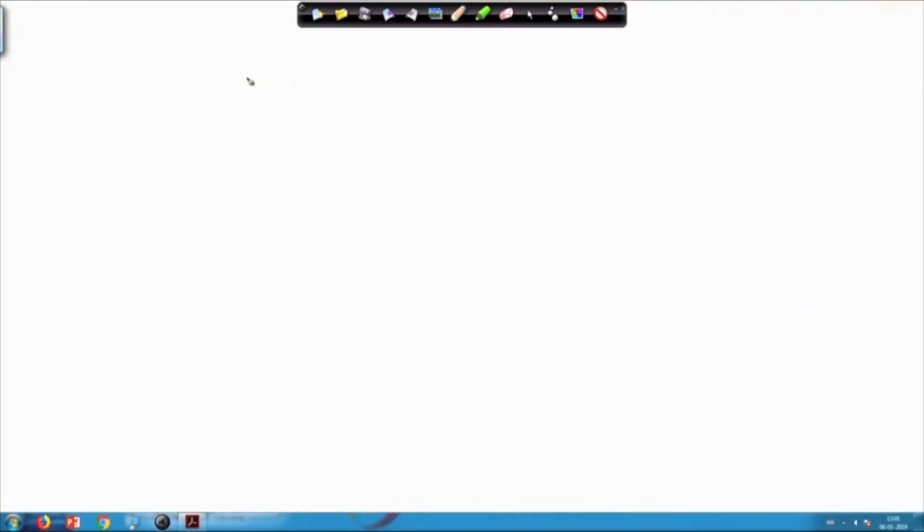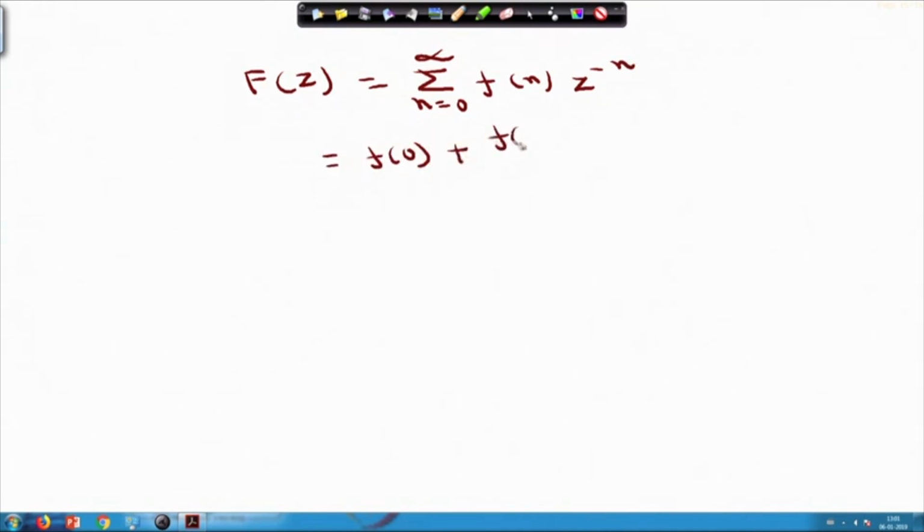F z equals the summation n equals 0 to infinity f n into z to the power minus n. If I simply expand the series, I can write f 0 plus f 1 by z plus f 2 by z square, and so on.